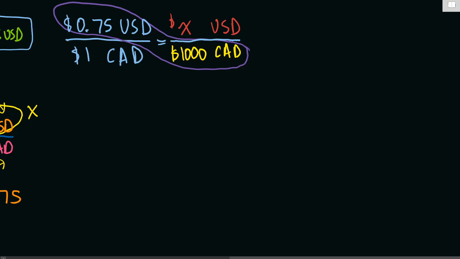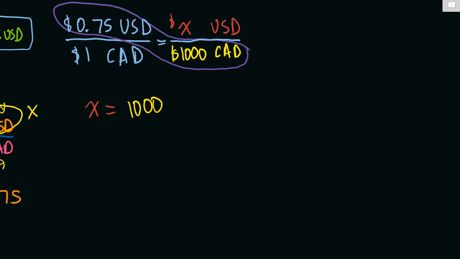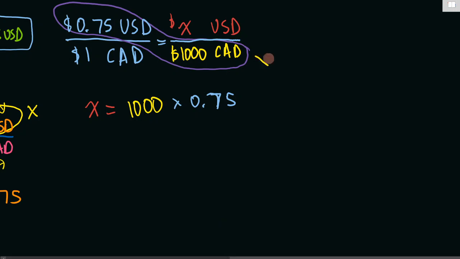So in our calculator, what we're going to do is we're going to say 1,000 times 0.75, because those are the things you divide when you multiply, when you're cross multiplying. So you multiply the things on the diagonal and you divide by the thing outside. And so then we divide by, well, dividing by 1 doesn't actually change anything, but let's do it anyway.